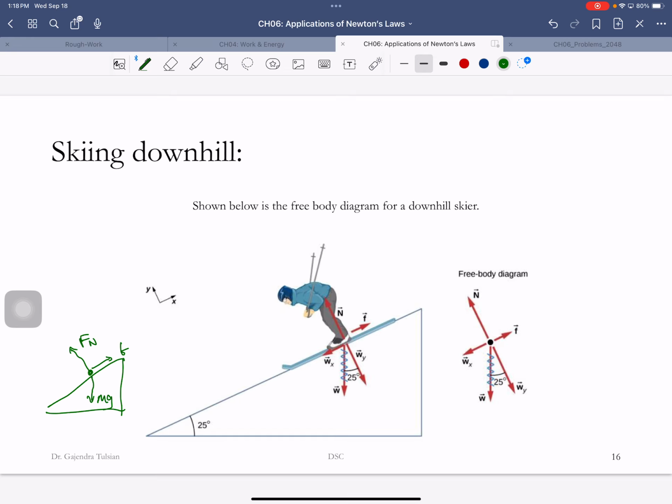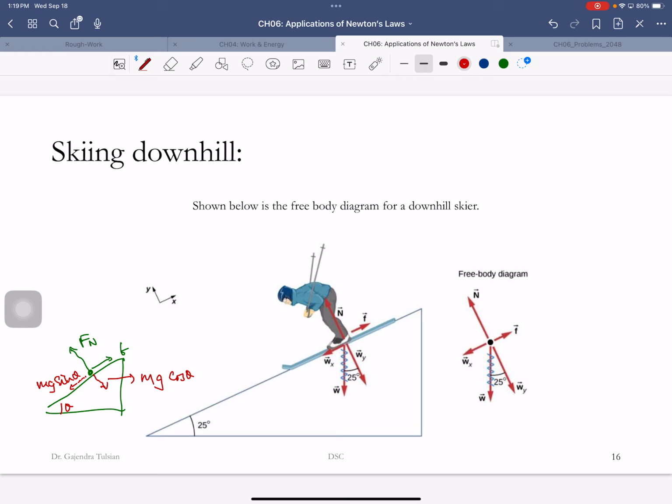In this business, the weight vector is annoying. It's not useful, at least in this form. So what you do is break it into that component and that component. Those are the useful components of the weight. We saw this last time, mg cosine theta and mg sine theta. Remember, the superposition principle told us that you could replace that force by those two forces.